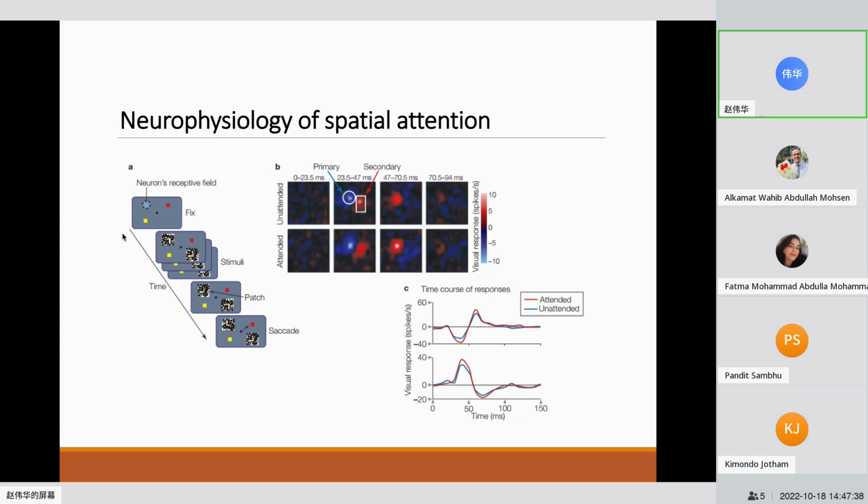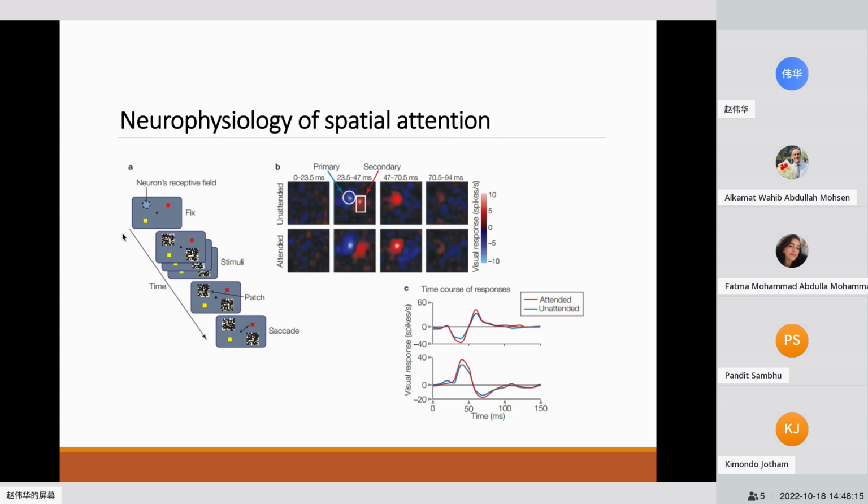Before the onset of the stimuli, the monkey was cued as to which of the two patches to attend, the left one or the right one. The monkey had already been trained to covertly attend the indicated patch to detect a small color pixel, here red or yellow, that would signal where a subsequent saccade of the eyes was to be made, to the matching color for a reward.